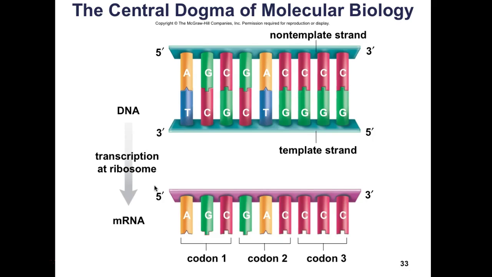And we know that when we look at that, one of the strands of DNA is going to be transcribed into the messenger RNA. That strand would be known as your template strand. And then the messenger RNA is going to be read in triplet code called codons. A codon is 3 nucleotide bases read together to determine which amino acid will be coming into play.